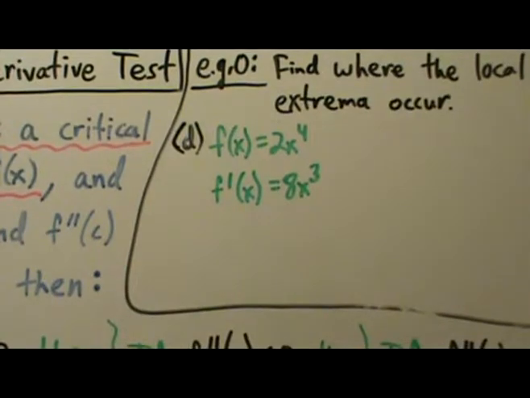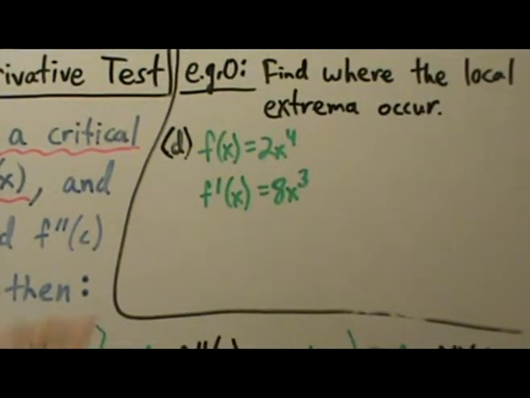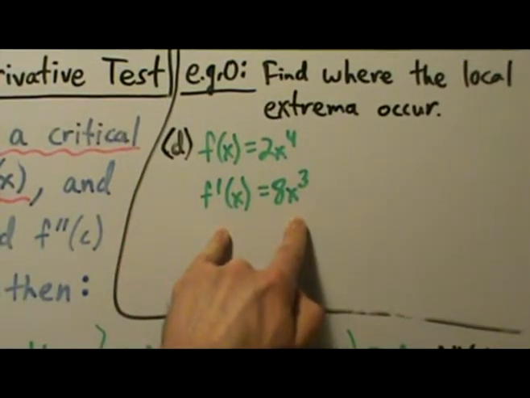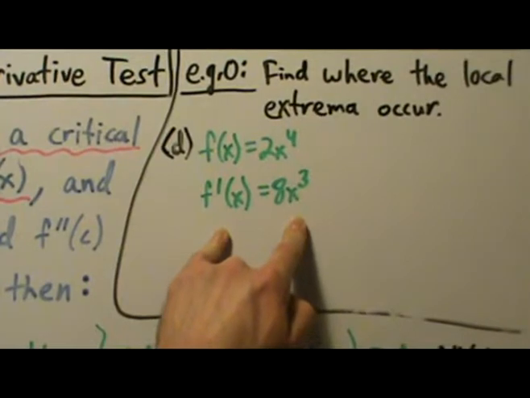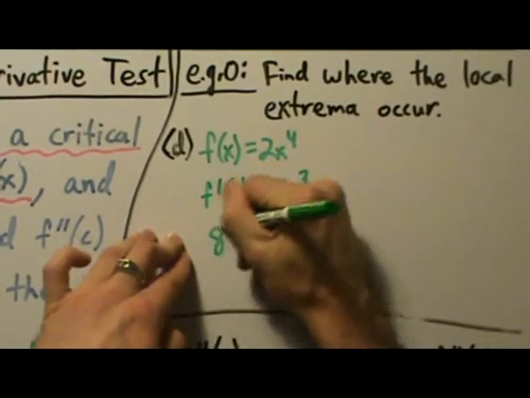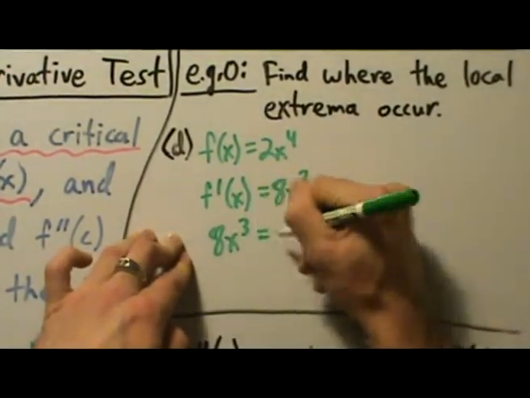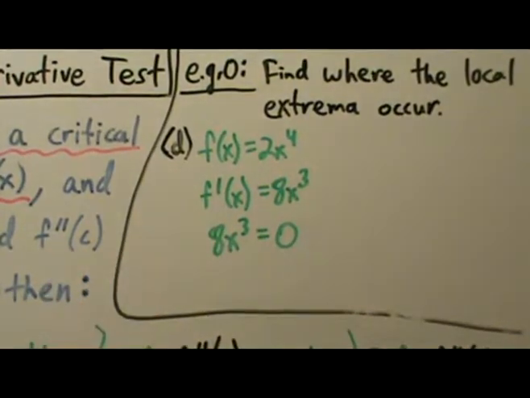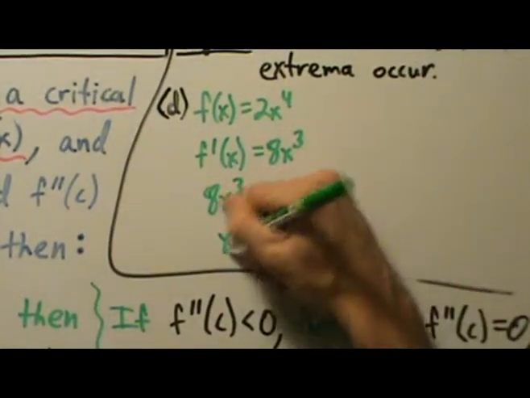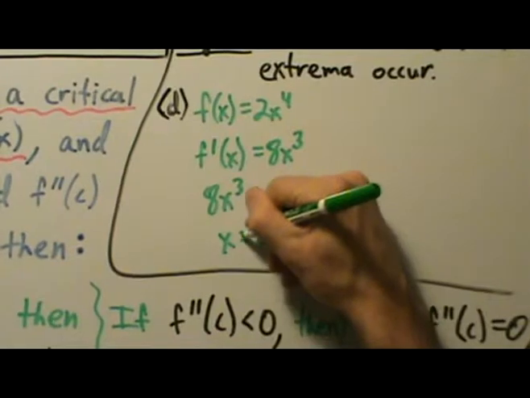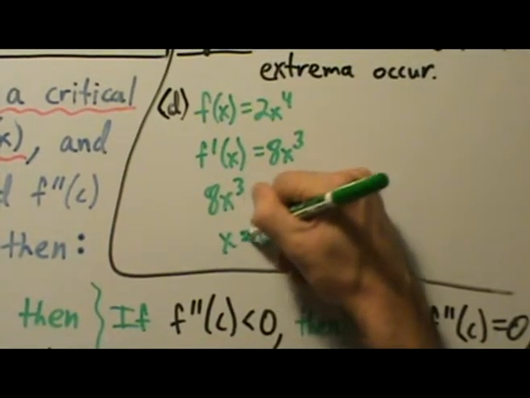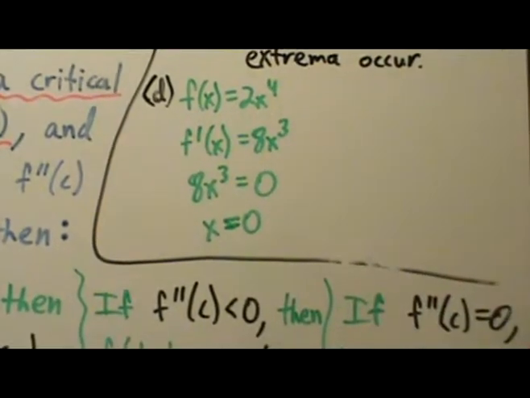And again, we want to find all the critical points. That means where the derivative is 0 or undefined. But it's a polynomial, so it's never undefined, so we just want to know where it's 0. So 8x cubed equals 0. That only happens if x is 0. So just like all the other examples so far, our only critical point is x equals 0.